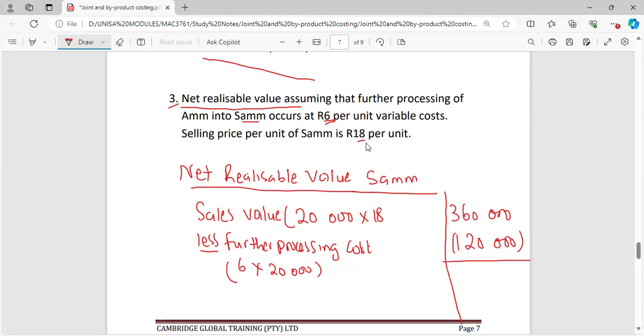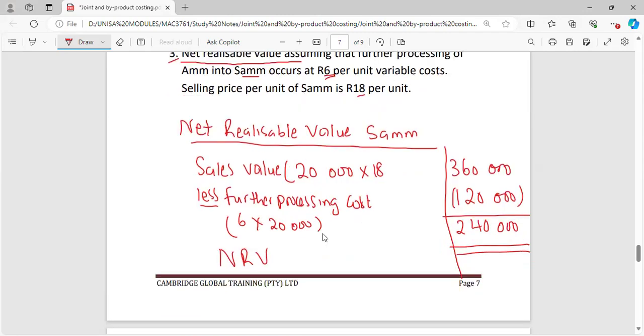So our net realizable value is going to be 240,000. Am I correct? Right. So that is going to be the net realizable value of SUM. So that's our calculation number 1.